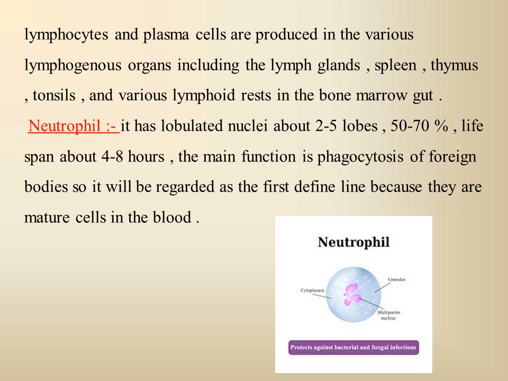They are big cells found in the blood and responsible for phagocytosing invading bacteria, viruses, and any foreign body that enters. The defense mechanism starts with this type of cell.